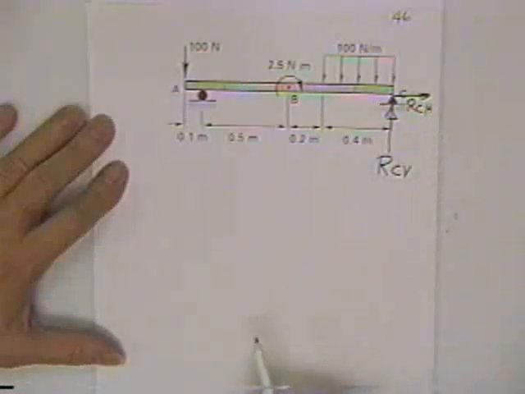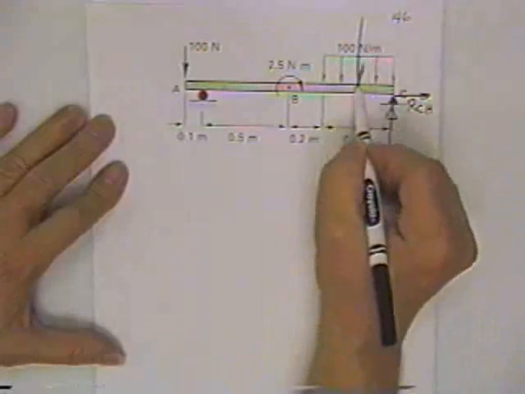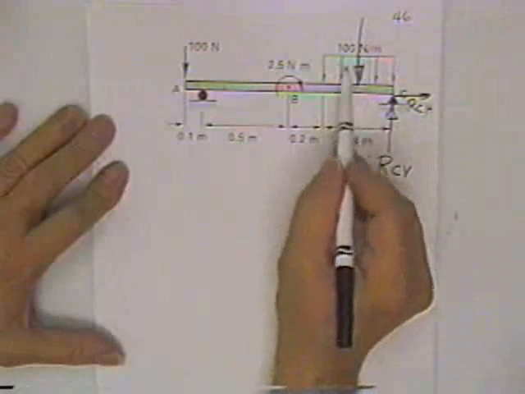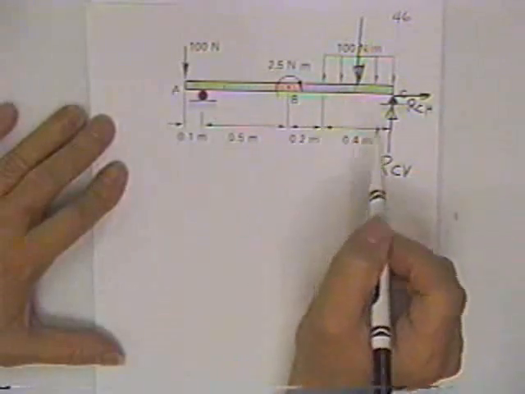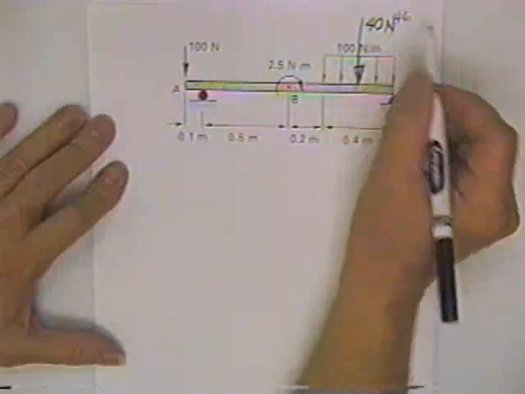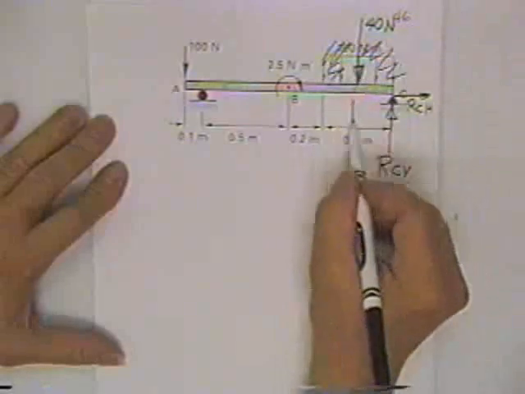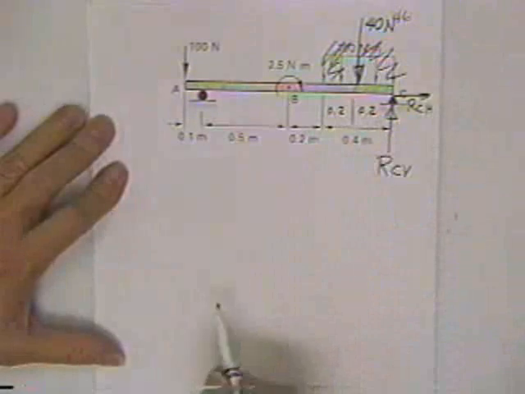It'll be 0 since nobody is pushing horizontally on it. And I'm going to replace this with a single concentrated load. 100 is its height, 0.4 is the base, and 0.4 of 100, that's 40 newtons of force. And now this thing here is gone. That's 0.2 meters and 0.2 meters.